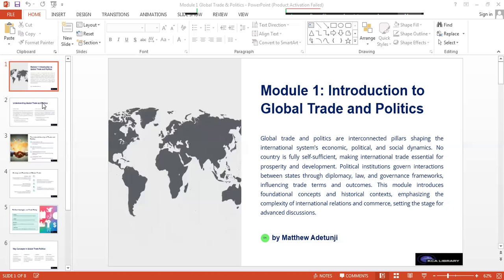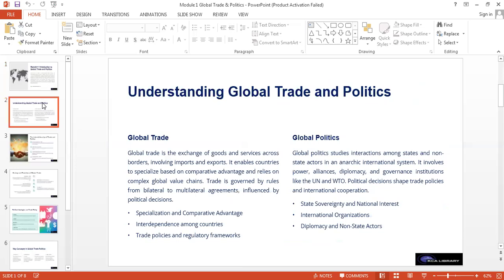The first thing we need to look into is the meaning of global trade and what global politics is. Global trade is the exchange of goods and services across borders, involving imports and exports. It enables countries to specialize based on comparative advantage and rely on complex global value chains.